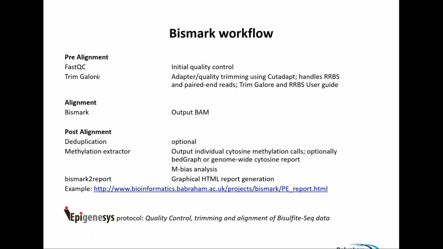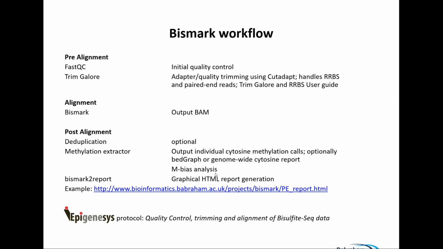So once we've got really good pre-treated data, we align the data with Bismark and get output BAM files. Then depending on your application, the data will be deduplicated, and then we continue to extract the methylation information with the methylation extractor, and optionally further transform this into more useful files, such as the genome-wide cytosine report or the coverage files. And this is now also the step where you can look at the M-bias plots.